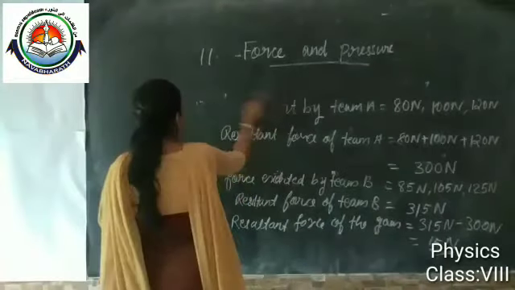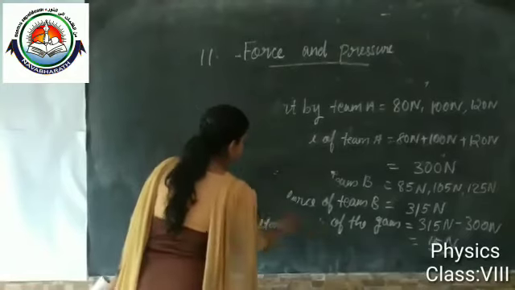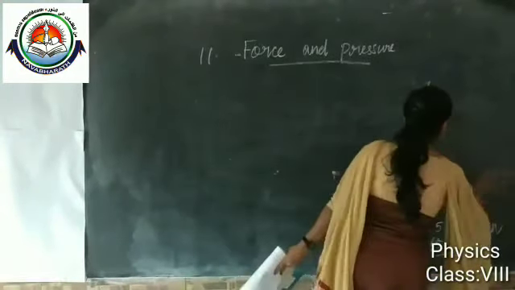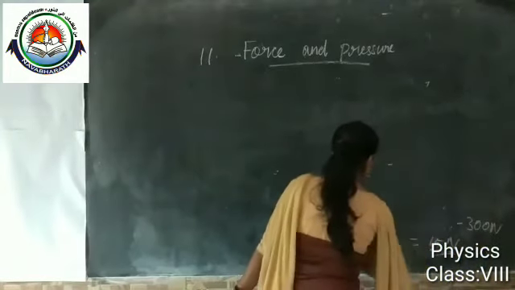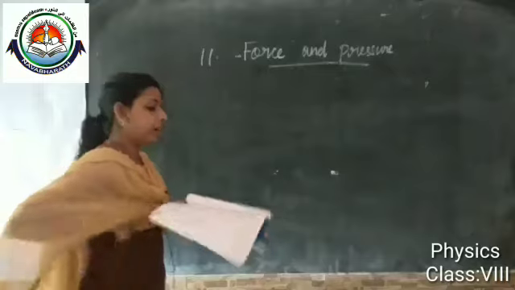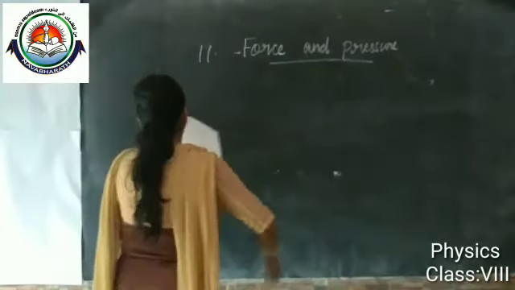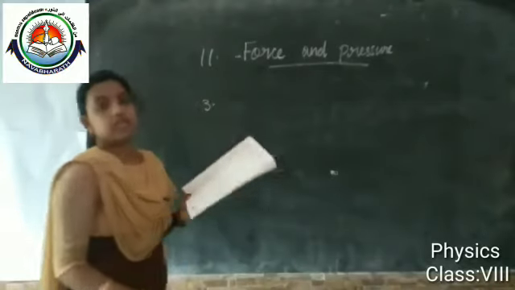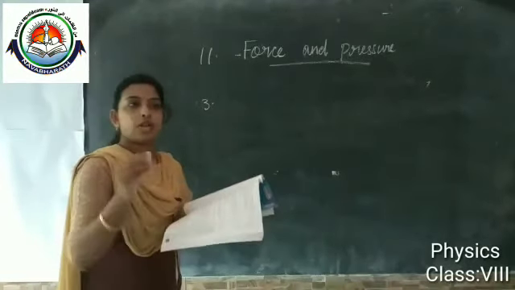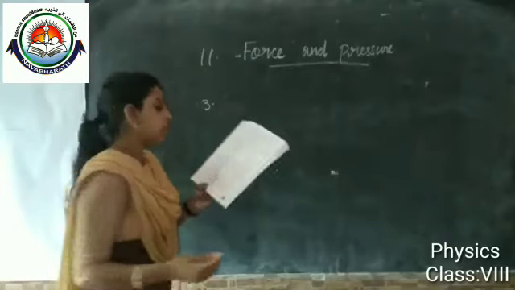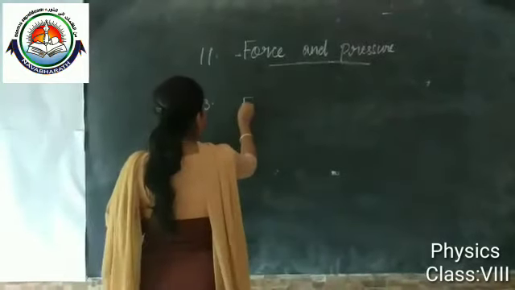So the third numerical. Here it is given, a solid object weighs 250 Newton. So all the things given in the question, we have to write first. Here it is given in Newton.